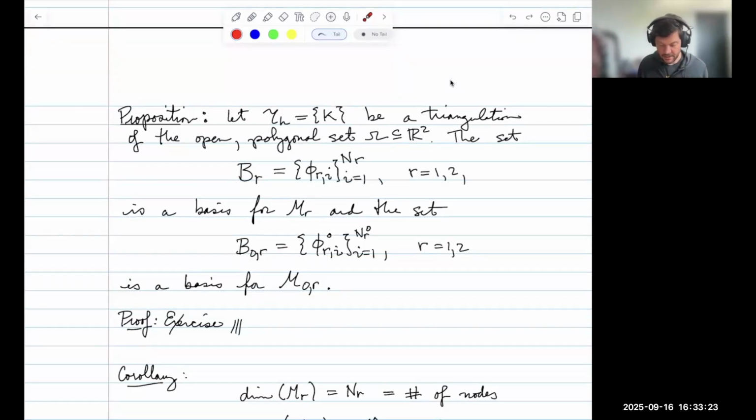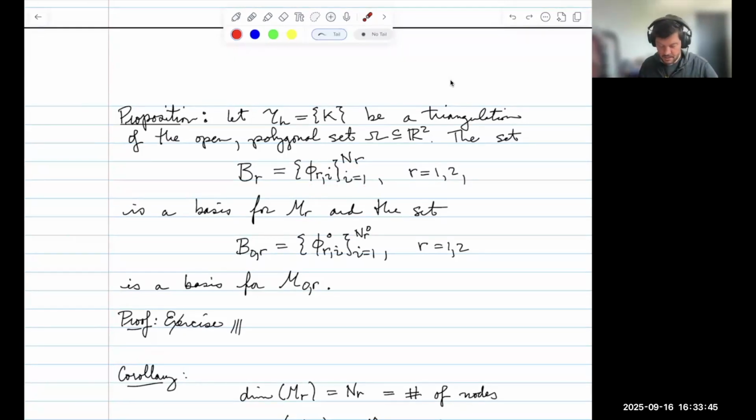Suppose that I have a triangulation of an open polygonal set omega, then this set of functions BR, where we take phi ri for i equals 1 to nr, is a basis for mr.